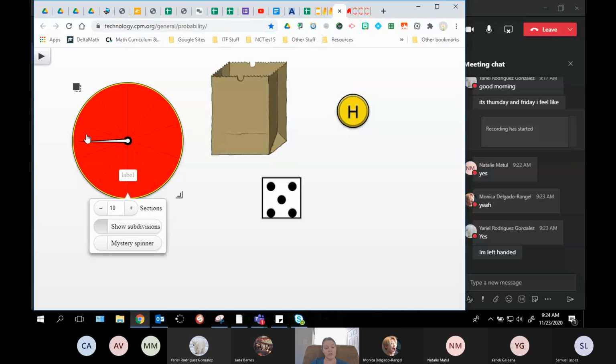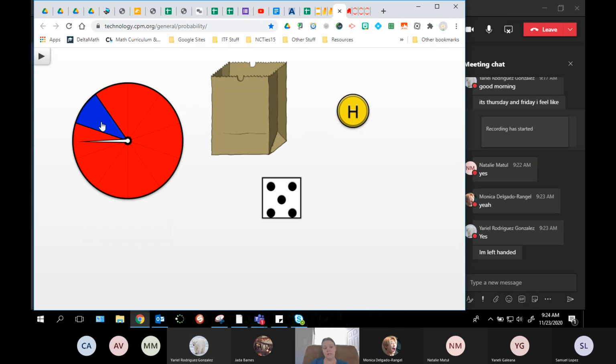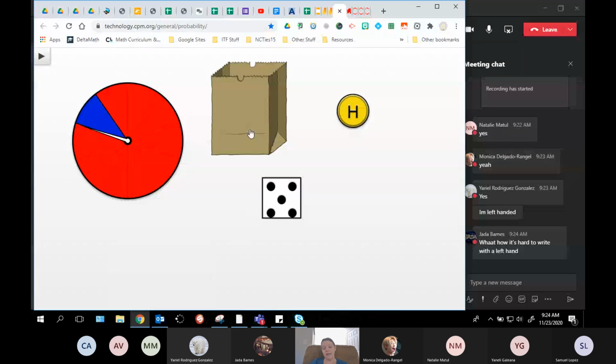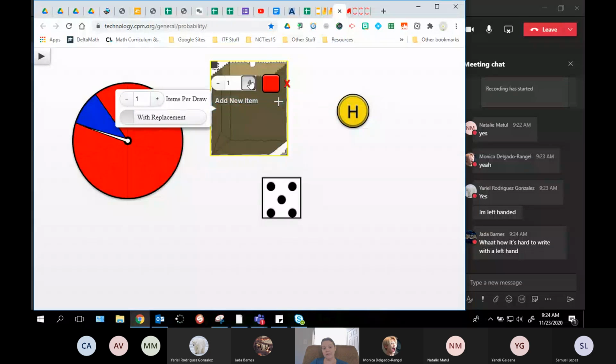And I can change, let's say, I want this color to be blue for left-handed. So here's my left-handed, here's my right-handed, and I can use the spinner. I can do the same thing with the bag.